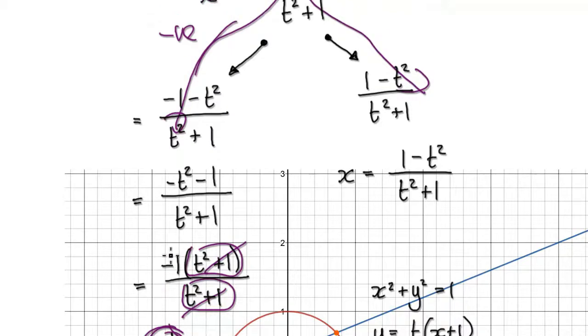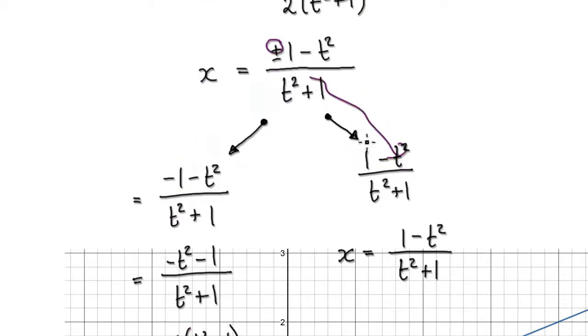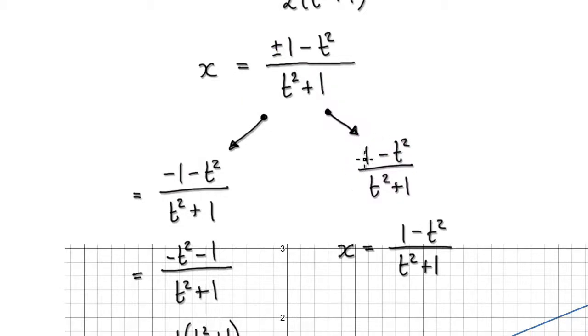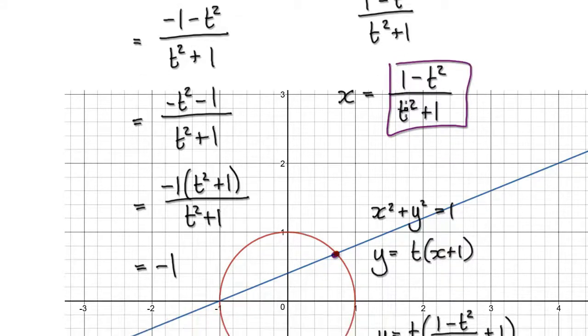Looking at the positive strand, that will then take you to here. Where the line and the circle intersect, the x value would be given by this. So what that means is the x coordinate at this point here, from here to here, will be given by this.